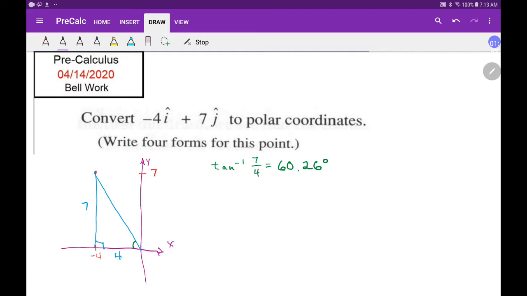And now that I have that angle, I can say the sine of 60.26 degrees is equal to the opposite over the hypotenuse. And long experience with algebra lets me know that I can switch places with the c and the sine of 60. So I can say this.